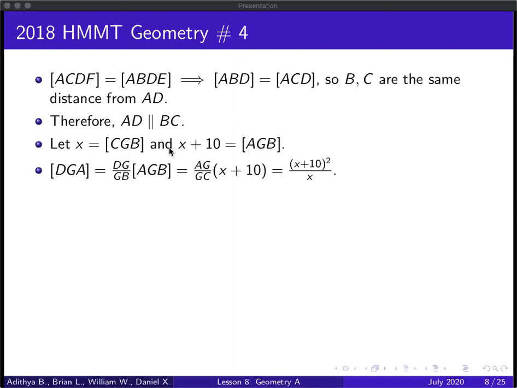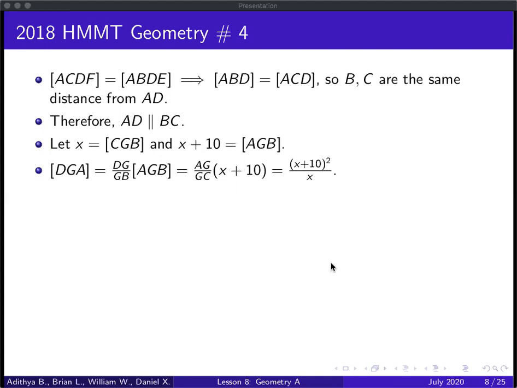And so now we can express the area of DGA in terms of x. So now, why is this useful? Well, it's useful because DGA is relevant in one other way. If we add the area of DGA to the area of BGA, then those two areas should add up to the area of BAD. You're just putting those triangles next to each other.